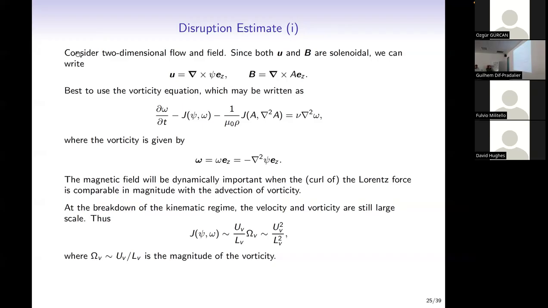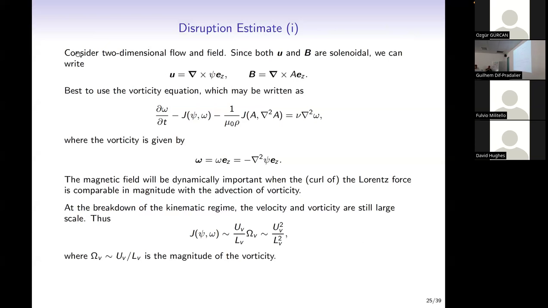So we know that if the magnetic field were purely kinematic, it would just wind up to give this peaked field. Okay. So we're going to say, when does the Lorentz force bite?